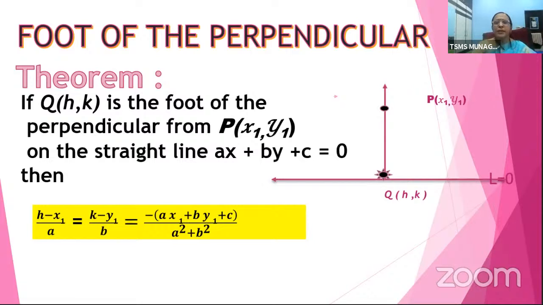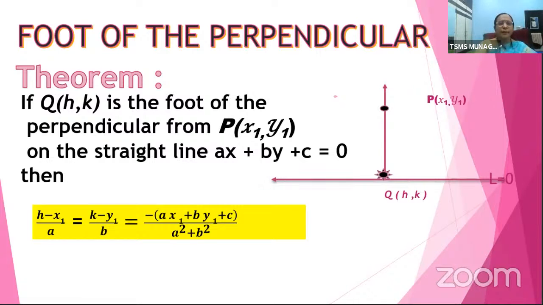My dear children, this is a very, very important theorem, and the proof also has to be learned because it is quite commonly asked in the public examination. So please practice this theorem a number of times until you get it perfectly.